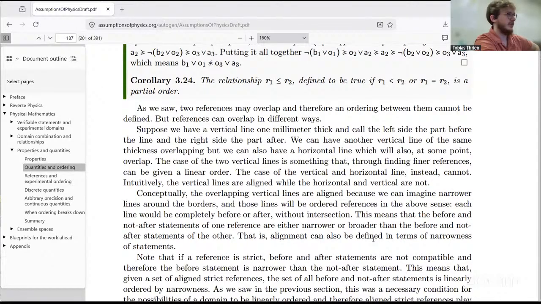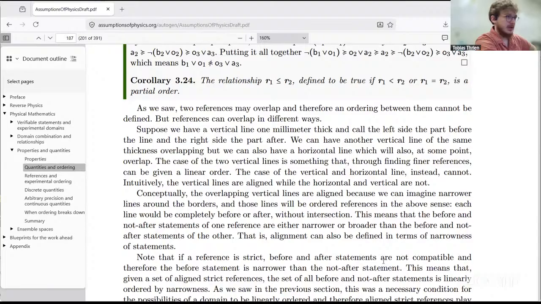As we saw, two references may overlap and therefore an ordering between them cannot be defined. But references can overlap in different ways. Suppose we have a vertical line 1 millimeter thick and call the left side the part before the line and the right side the part after.